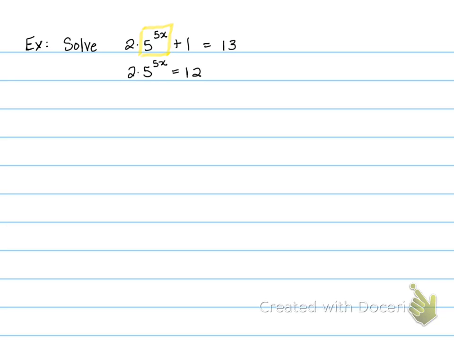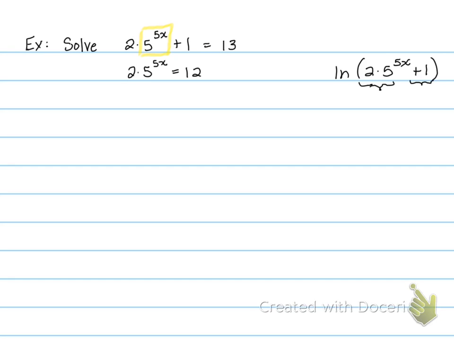And that step right there is really important because although we could take the natural log at this point when there's multiplication on the left, if you take the natural log with addition on one side, there's going to be no way to get your exponent down. If you have the natural log of 2 times 5 to the 5x plus 1, there is no way to separate these two terms, because we don't have a rule for when we have addition inside the input of a natural log.